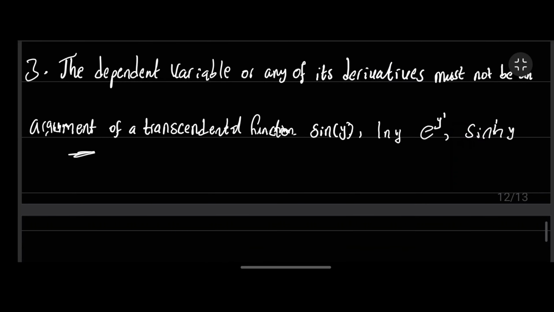A transcendental function is a function that cannot be expressed in terms of ordinary operations like plus, minus, multiplication, and division. So if you take this one, for example, there is no way you can finitely find an expression for sine of y in terms of the basic operations we know. So mathematicians call them transcendental functions.